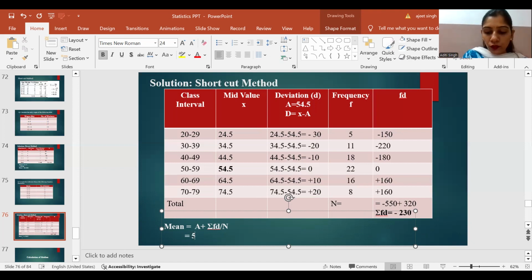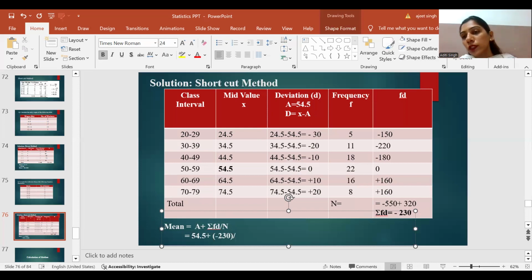So put this value 54.5, then plus the value of sigma fd, means sum of fd, which is minus 230. Let me put it in brackets, minus 230. Okay, and divided by n.